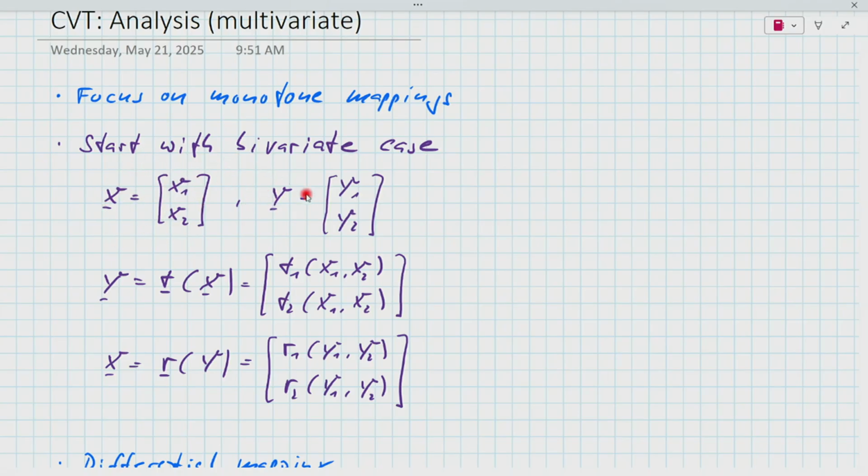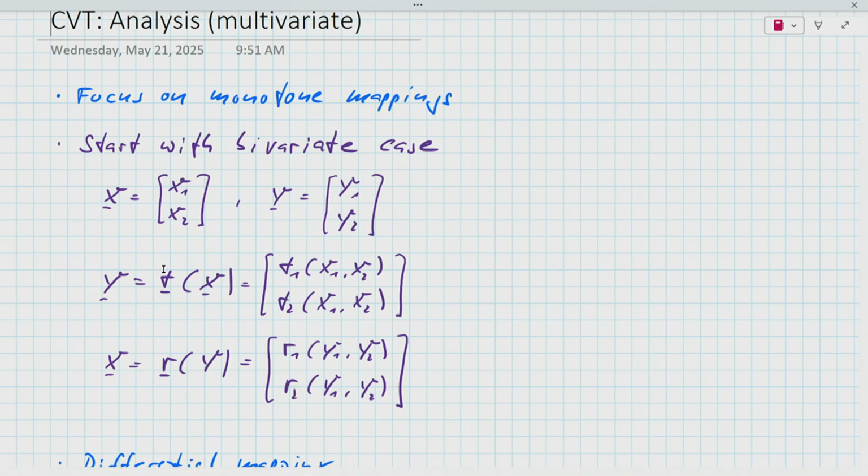And then we have a random vector y, comprised of random variables y1 and y2. And then we have this mapping. So we map from x to y, and this is what I always call the transform. So this is the forward mapping. It maps from random variable x to random variable y.